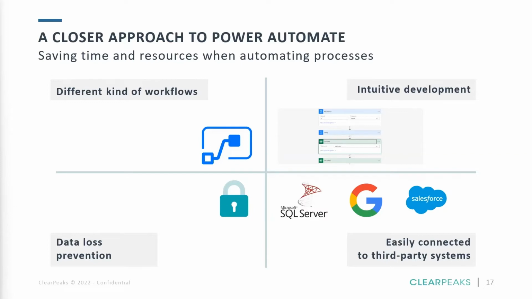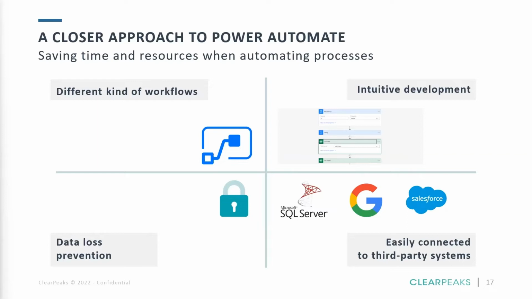And now let's make a closer approach to Power Automate. There are different kinds of flows that can be implemented, like an automated cloud flow that can be triggered when something occurs or can be scheduled. An instant flow that is very useful if it has to run inside a Power Apps, or the desktop flow that allow the flow to access the local desktop.